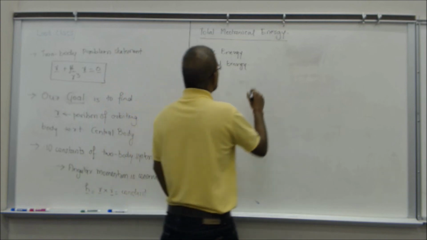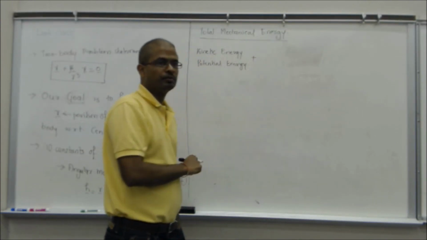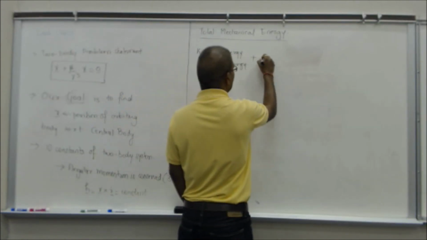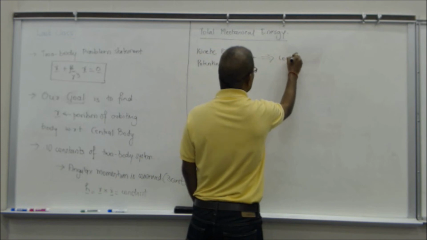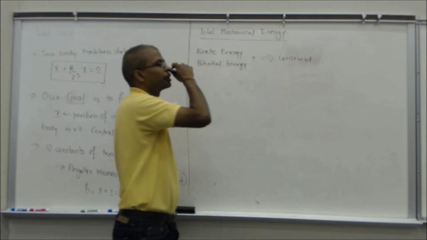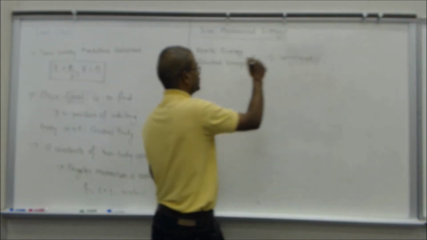So what it says is total mechanical energy. When you add these for any system, the total mechanical energy is always conserved. That is what we want to prove. Is energy a scalar or a vector? Scalar. It's a scalar.